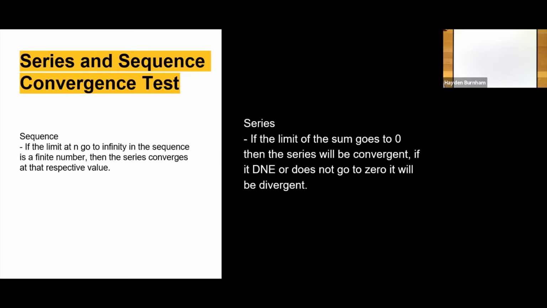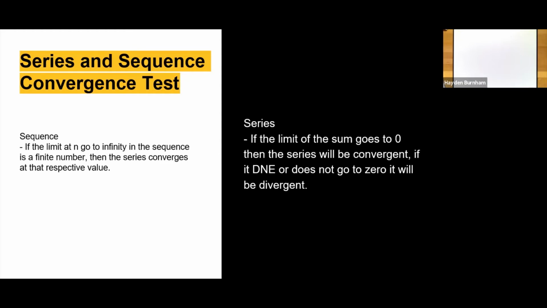Is if you're dealing with a sequence and the limit as n goes to infinity, if you take that limit and it's a finite number, then the sequence will be convergent, right? But series, it's a little bit of a different story, where if the limit of the sum goes to 0, then that series will be convergent.